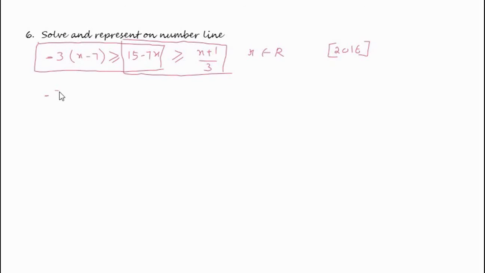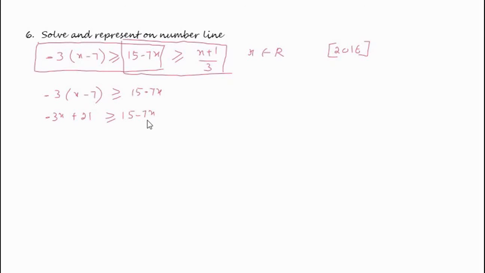So minus 3 into x minus 7 greater than or equal to 15 minus 7x. So let us multiply x minus 7 by minus 3. So it is minus 3x plus 21 greater than or equal to 15 minus 7x.